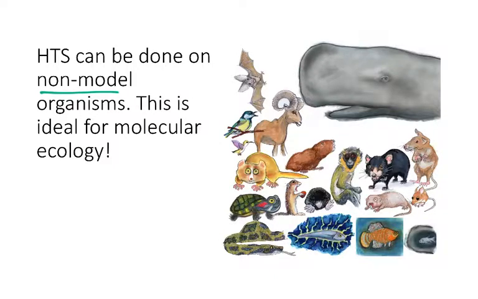A non-model organism is something like what's shown in this image on the right. So an organism like a sperm whale or a kangaroo rat or a red-eared slider, that turtle. In contrast, a model organism is something like a fruit fly or a nematode, or a mouse.